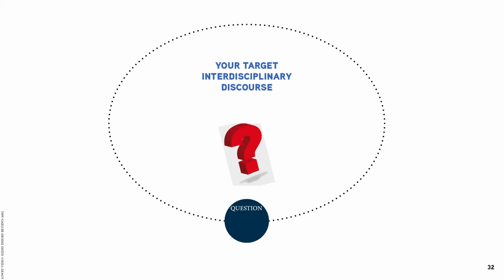Now here, you don't want to confuse this with research question per se. This is your disciplinary question. So this is a question that addresses an object of study as a problem that requires a solution based on the field's or the discourse's rules of discourse and pattern of inquiry.